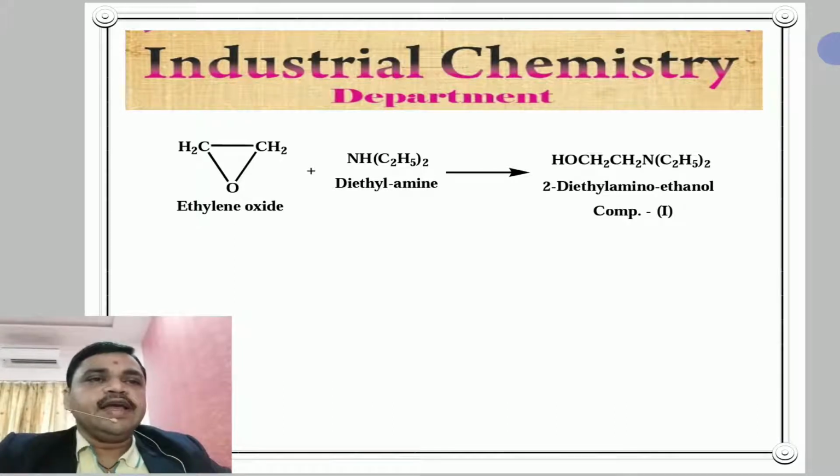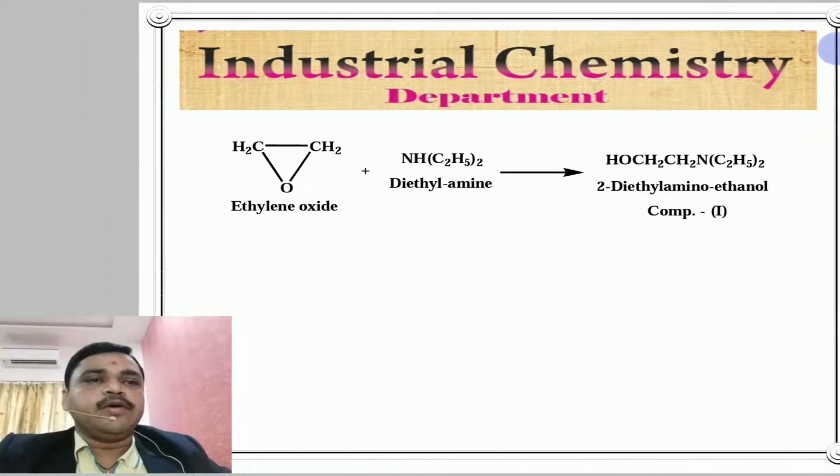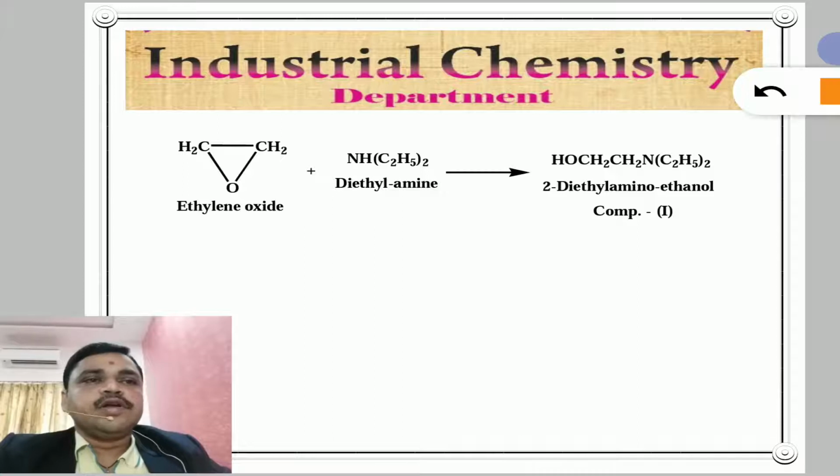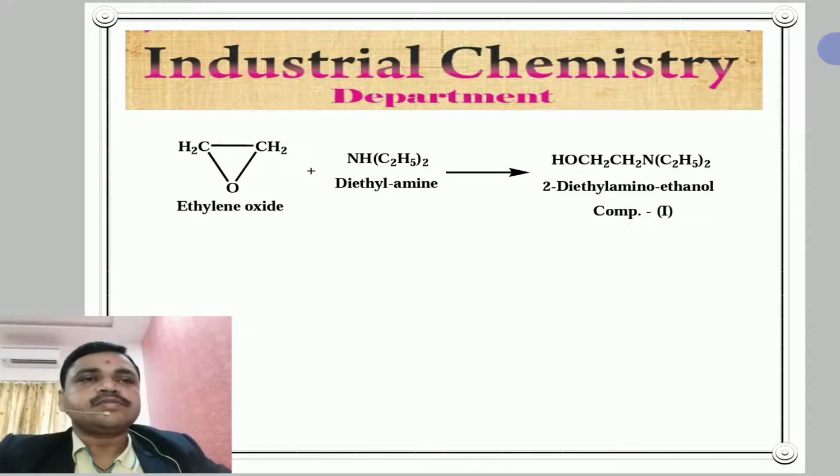First, ethylene oxide and diethylamine are condensed and we get 2-diethylaminoethanol. For this synthesis, it is our compound number 1.